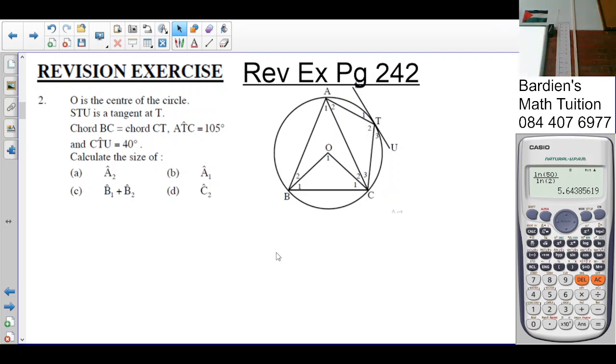Right, the question says O is the center of the circle. So if O is the center of the circle, what do we know? We know many things. We know that angle at center is twice the angle at circumference.